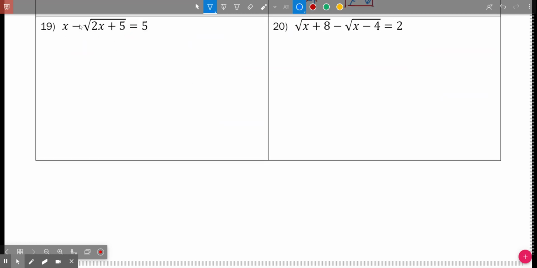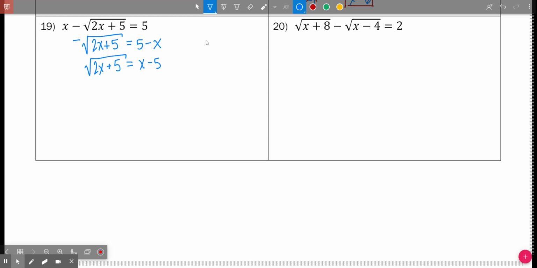In number 19, I'm going to subtract my x. So this is negative square root of 2x plus 5 equals 5 minus x. When I multiply both sides by a negative, this gives me the square root of 2x plus 5 equals x minus 5.